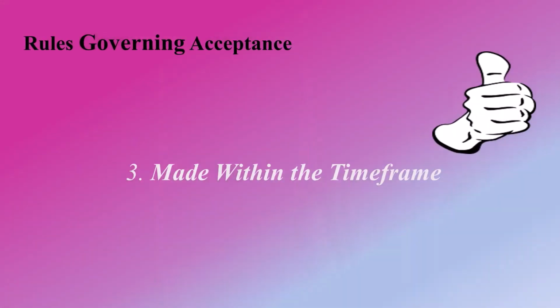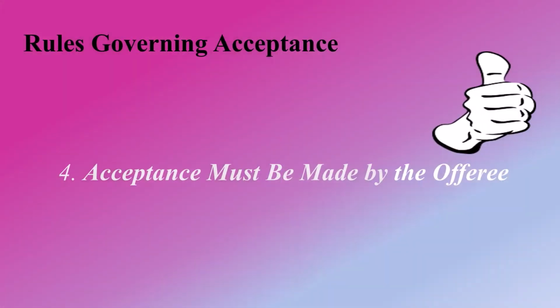Here comes the third rule, that is, the acceptance should be made within the specified time frame. Delayed acceptance is invalid unless the offerer agrees to it. The next rule is acceptance must be made by the offeree. Only the offeree or their authorized agent to whom the offer is made can accept the offer.